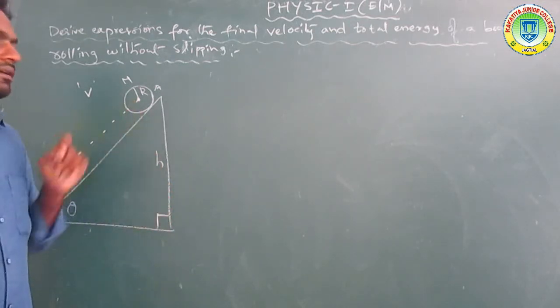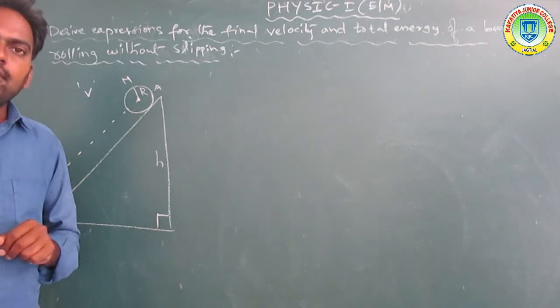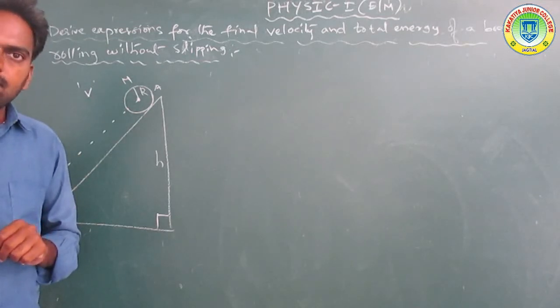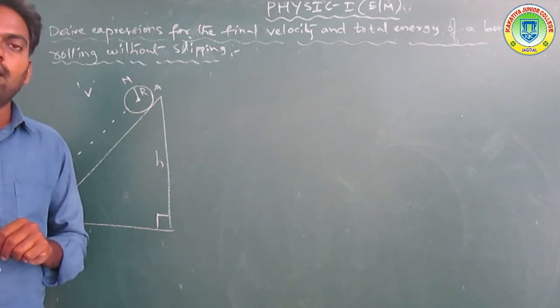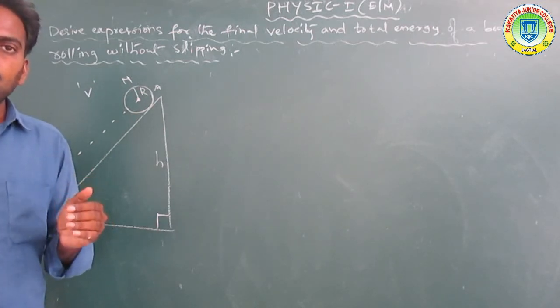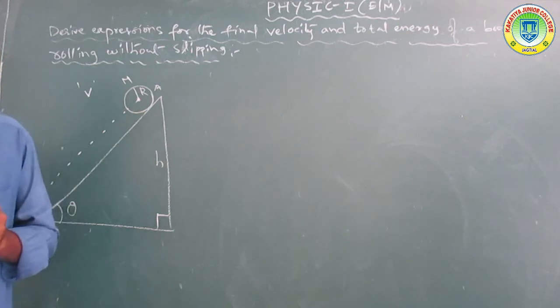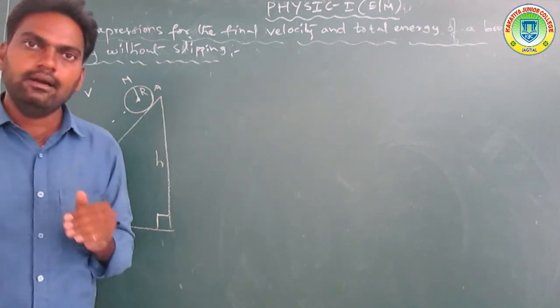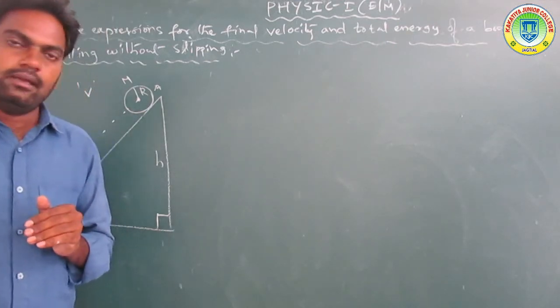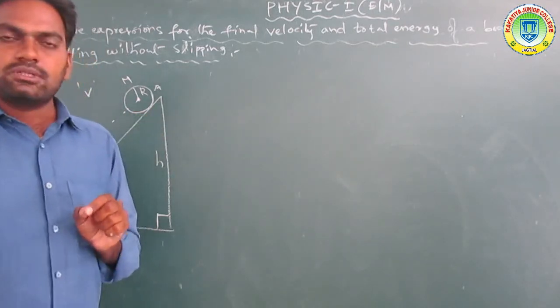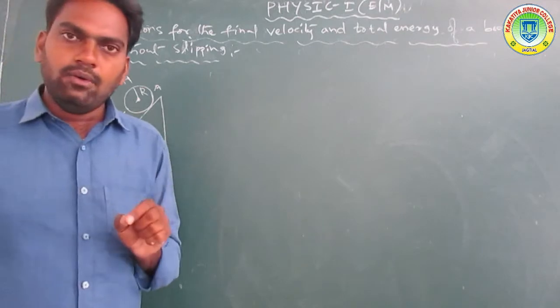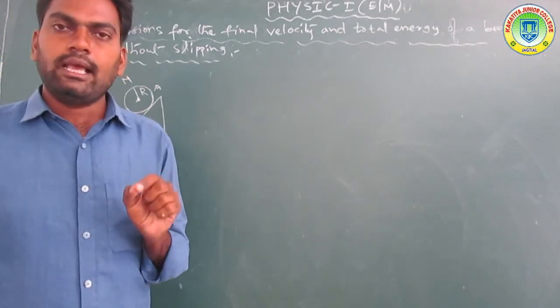Now the rolling body has two kinds of energy: translational kinetic energy plus rotational kinetic energy.